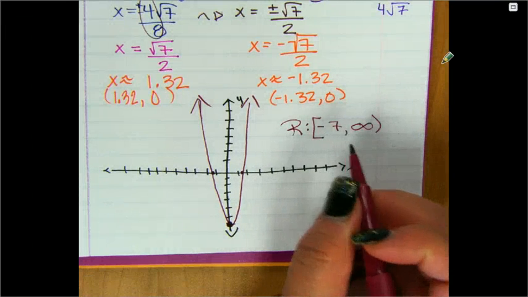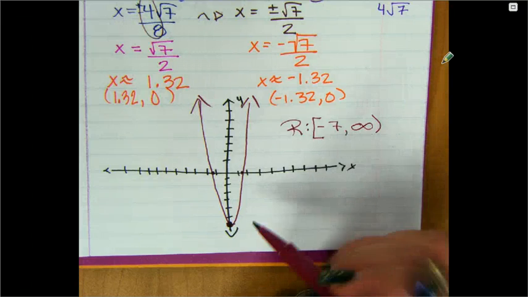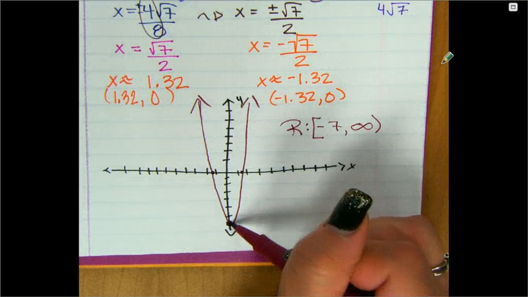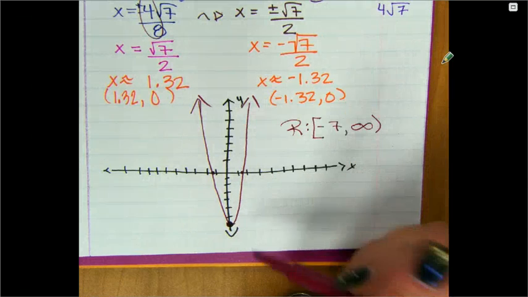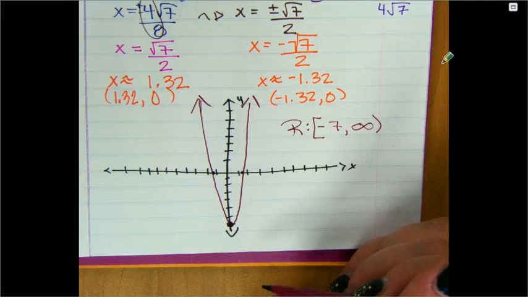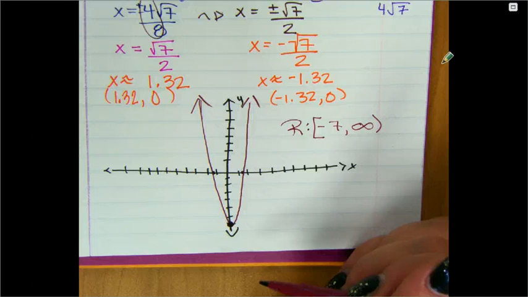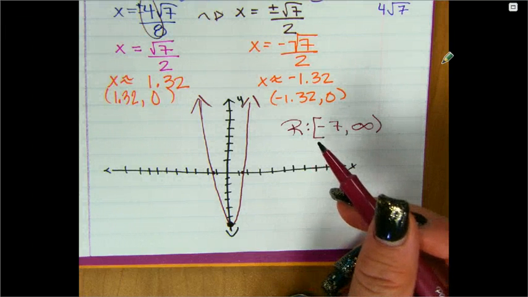Yep. The y's, the vertex. Whichever way it's going. So if it's going up, it's infinity. If it's going down, then I've got to come from negative infinity to a vertex. You winged it? We got it right. The only thing you have to worry about is range. Range is the only one that deals with y's. Everything else is x values.